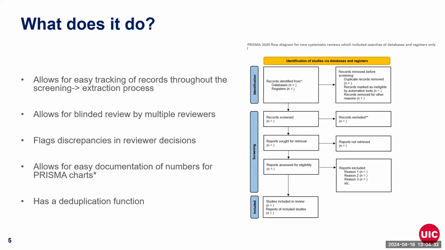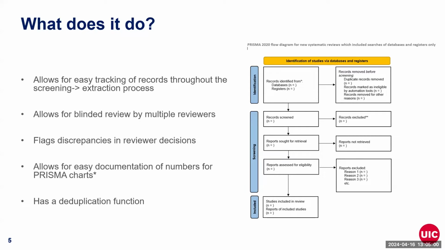Also, it allows for blinded review by multiple reviewers. So you can have two people making decisions, and you're not seeing what decision the other person has made, whether they've said yes to include or no. It also flags discrepancies in reviewer decisions. So if one person says yes and one person says no, it puts those in a special box to be reviewed another time for a final determination to be made.